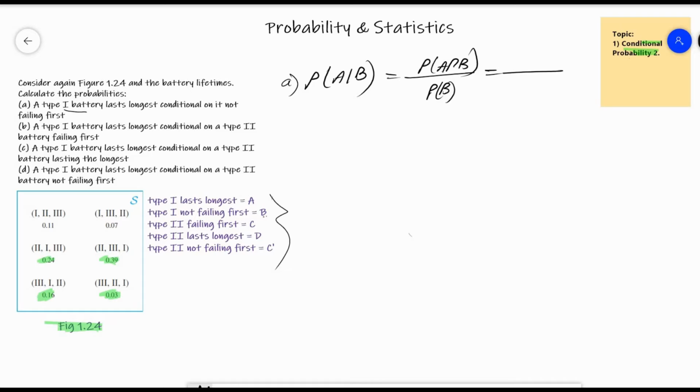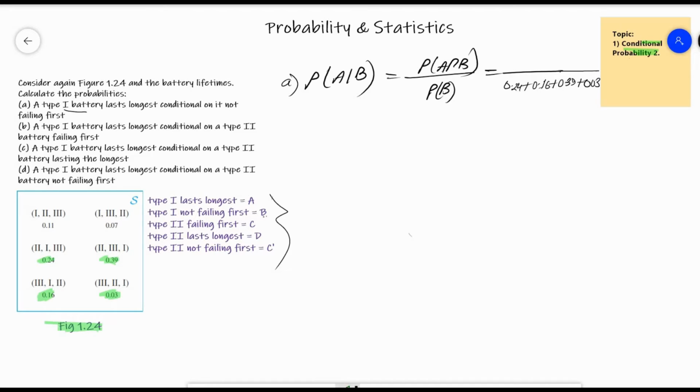So we write in the denominator first, 0.24 plus 0.16 plus 0.39 plus 0.03, and in the numerator we have the probability of type 1 lasting longest given type 1 not failing first.